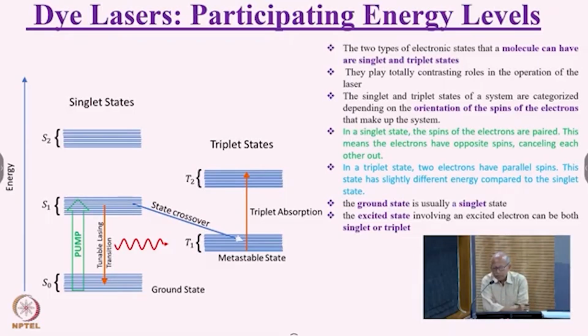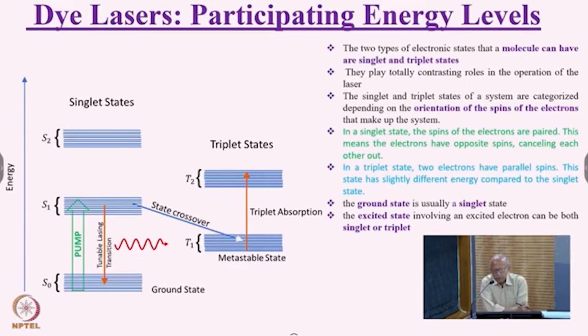Alright, in the previous class we have seen that quite unlike a gas laser or a solid state laser, a liquid laser such as the dye laser has the capability to provide continuously tunable coherent light.